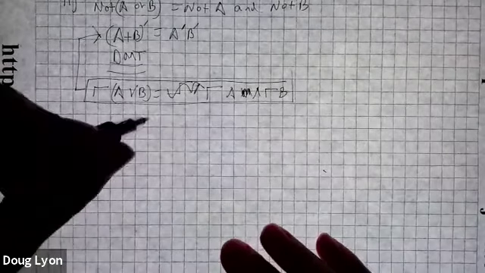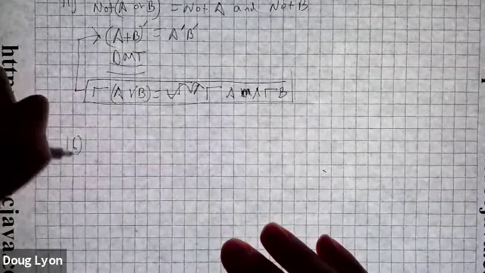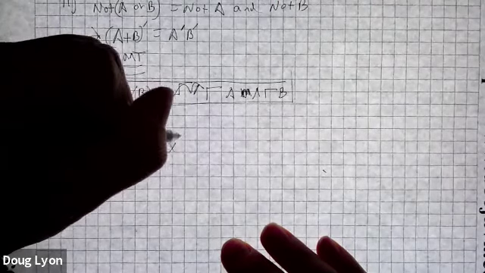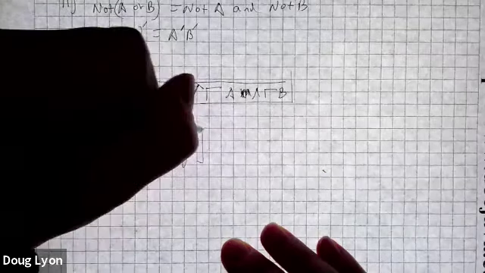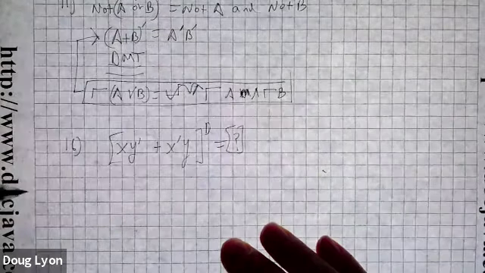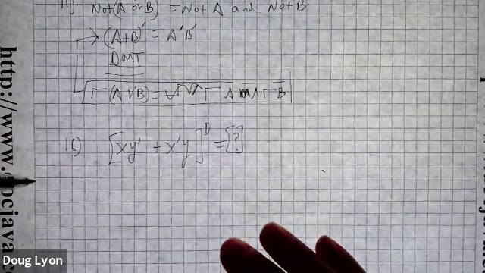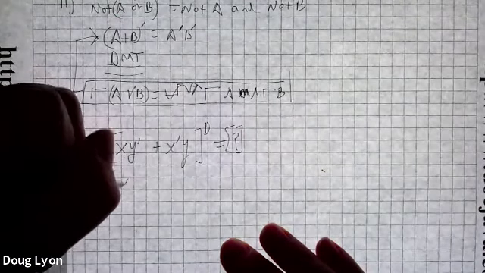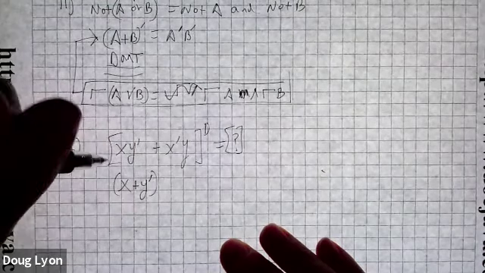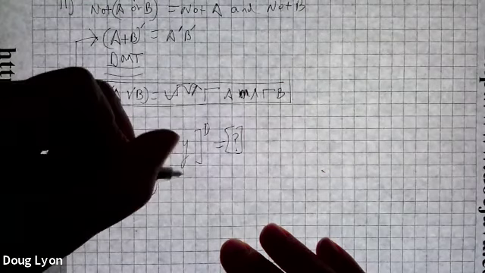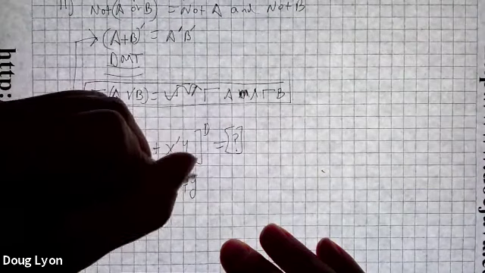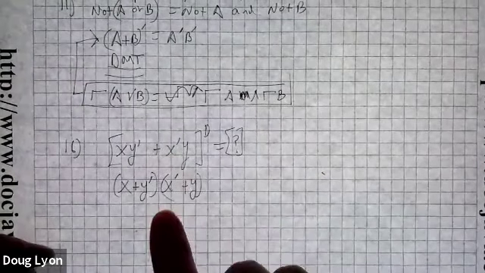Number 16 asks, what is the dual of? What is the dual? And so what we did was we said, well, it's x or y prime, and we maintain the order of precedence by using the parentheses, x prime or y, and then the plus goes to times.